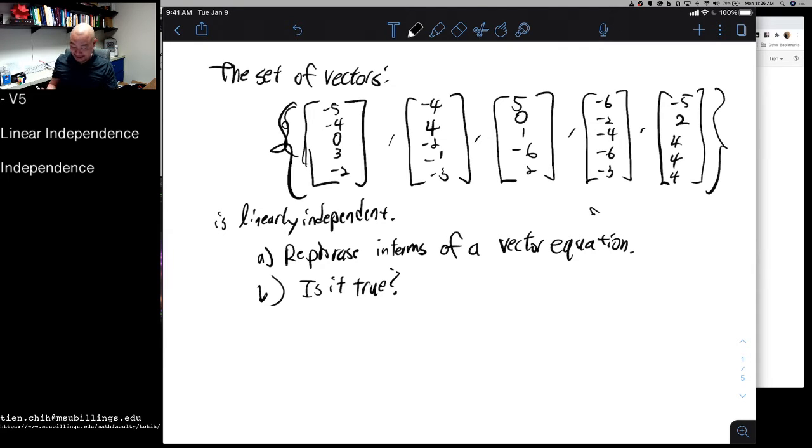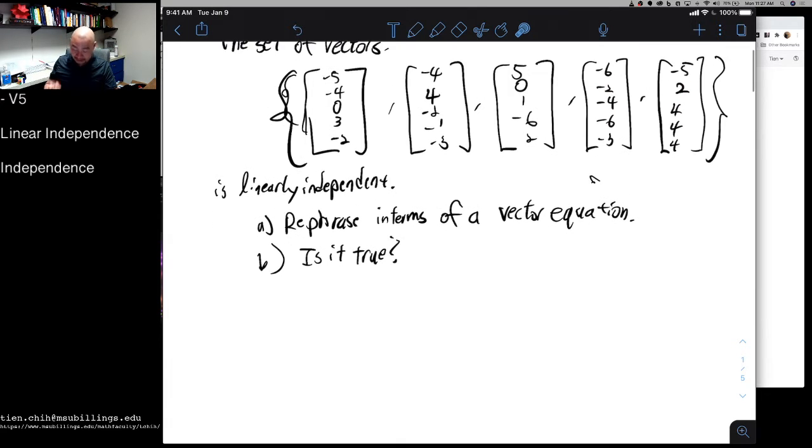In the context of this problem, these vectors are linearly independent if there's no way I could take these four and get this fifth one. Linear dependence would mean that I could take these four and somehow put them together to get this one. So with that in mind, let's go ahead and address the question.